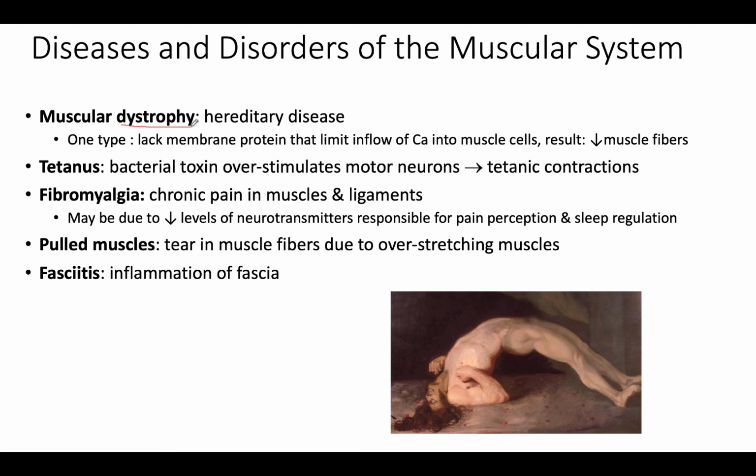And one type of muscular dystrophy, there's more than one, occurs because basically calcium influx into the muscle cell is limited. Now, we learned earlier that calcium influx is absolutely synonymous with muscle contraction, and if you don't use it, you lose it. So if these muscles are not fully contracting, they are going to deteriorate.